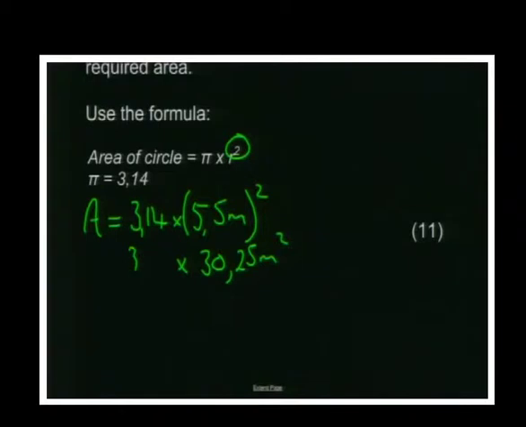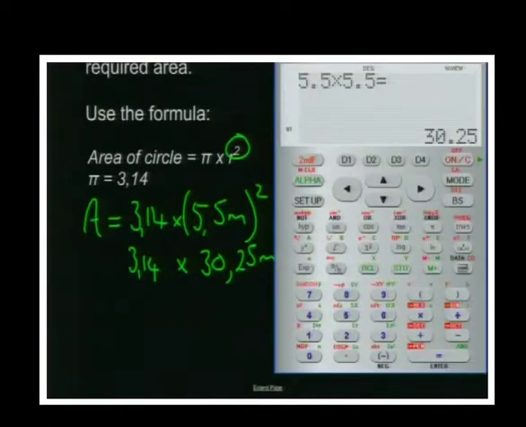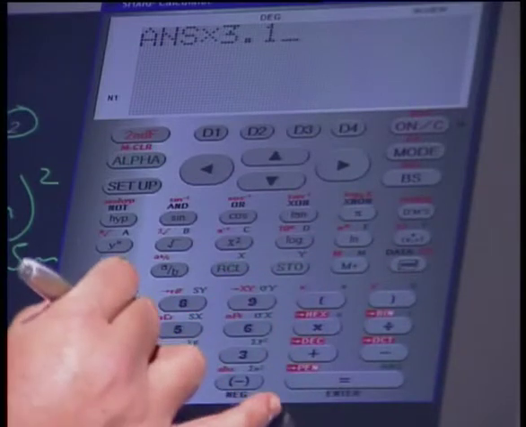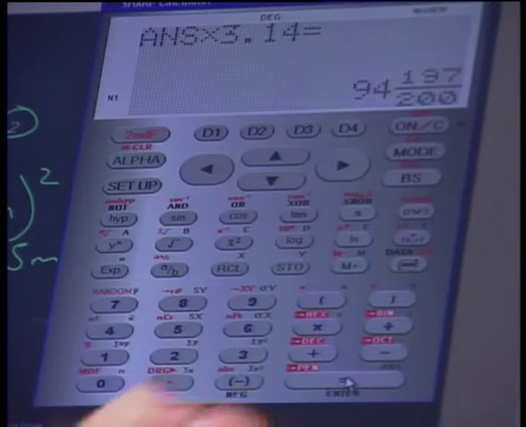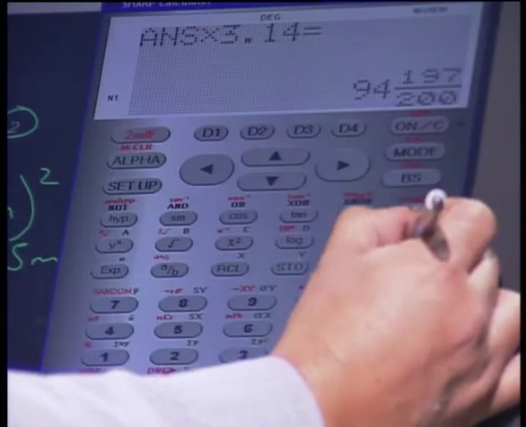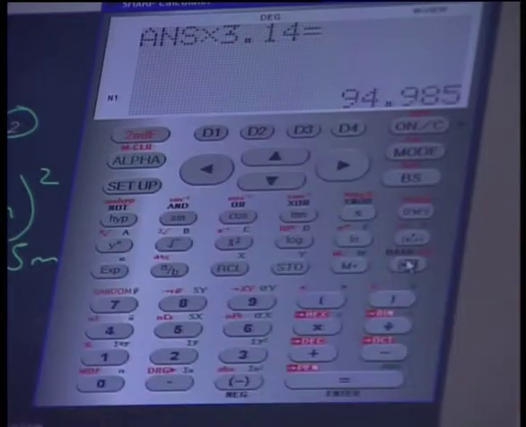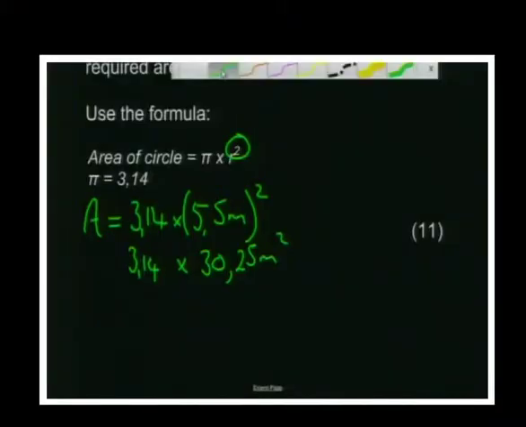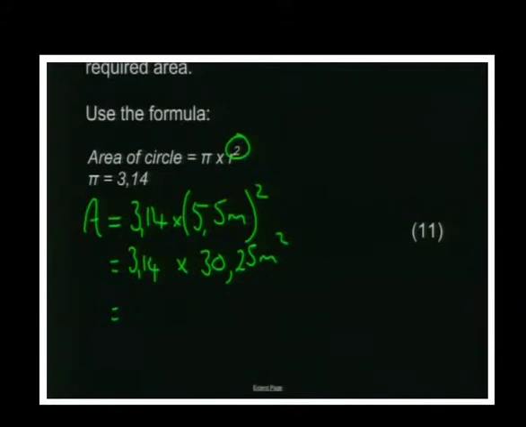We still got to multiply it by the 3.14. So that answer we're going to times by 3.14, and we get an answer, and there it is, and we're just going to change it to a decimal, 94.985. 94.985 what? Meters squared.